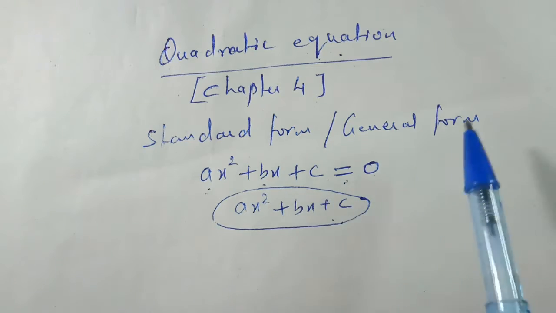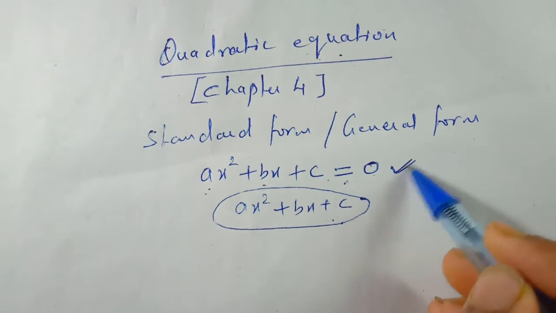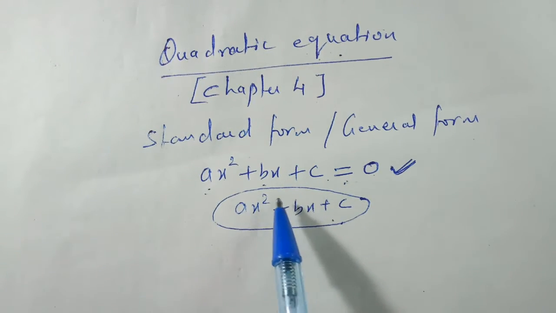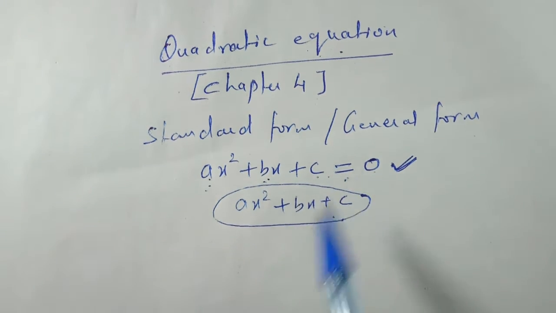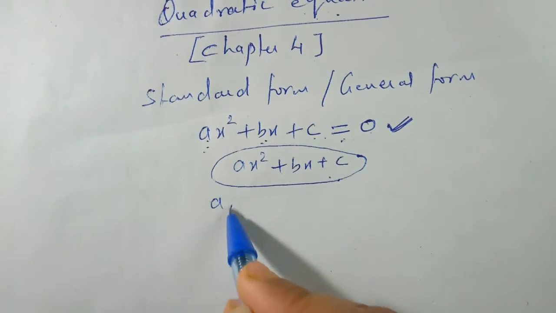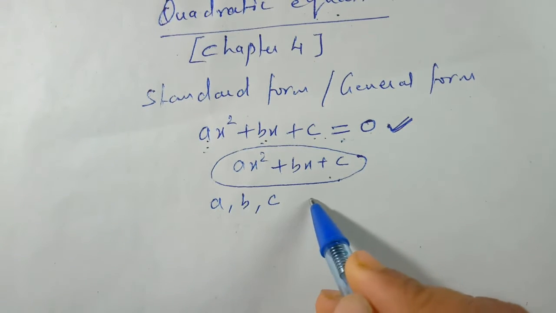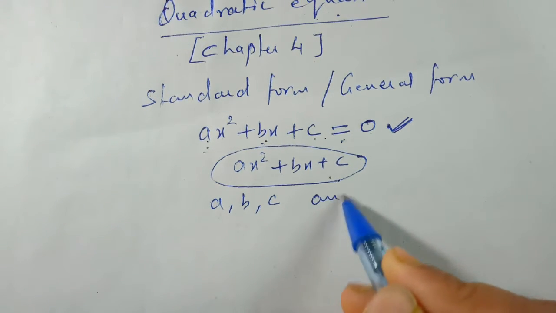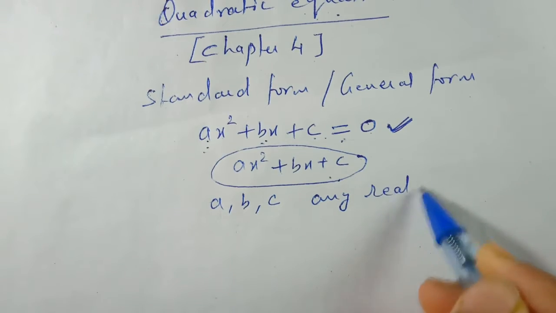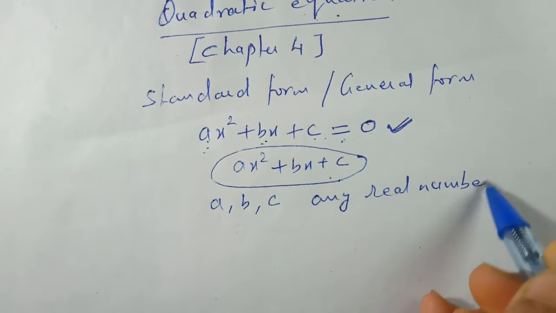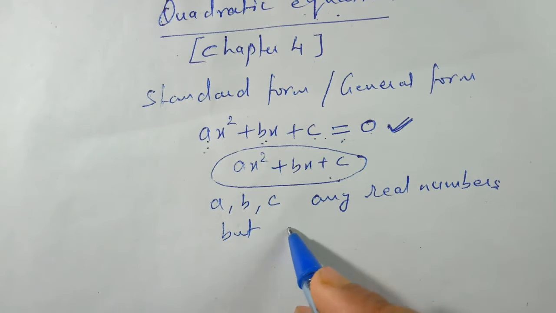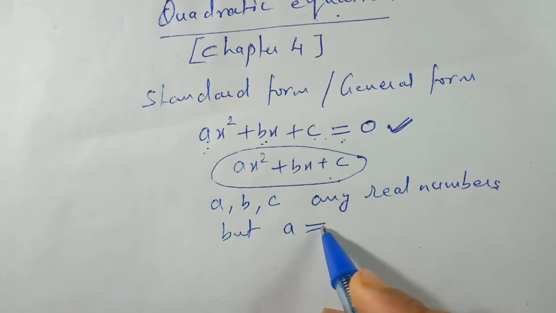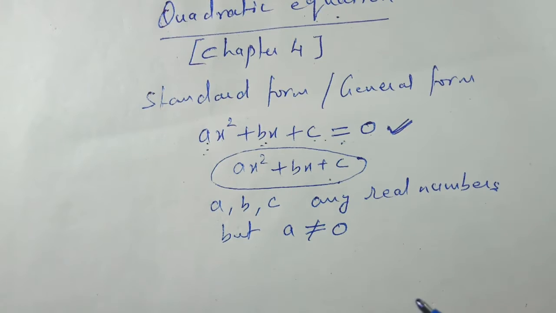So this is the condition or the general form of a quadratic equation, where a, b and c can be any real numbers, but a should not be equal to 0.